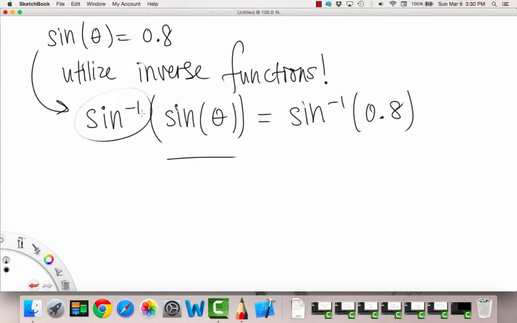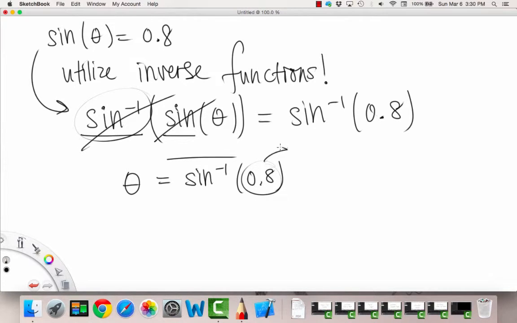What happens on the left is we have a function right next to its inverse, so these cancel out. So we just get theta, which we're looking for, and this is equal to inverse sine of 0.8.